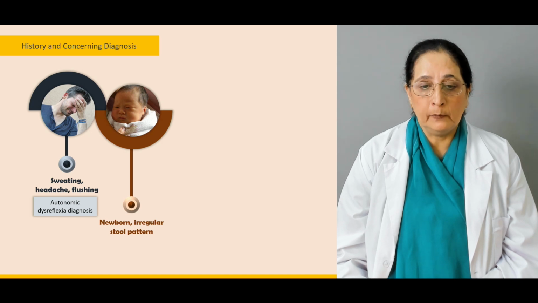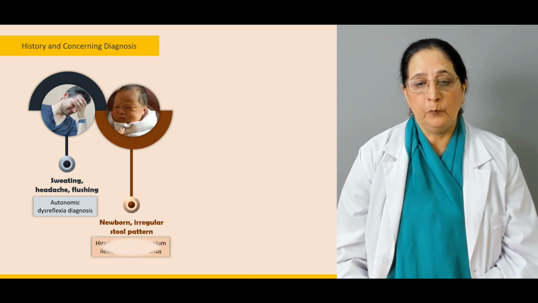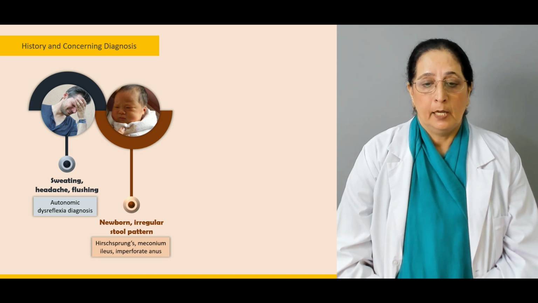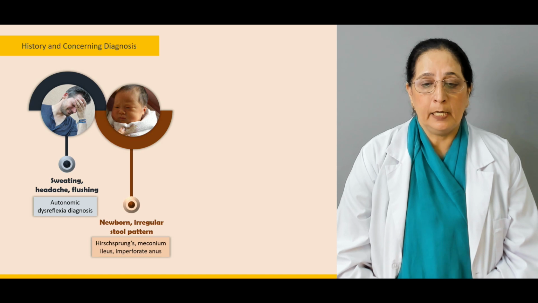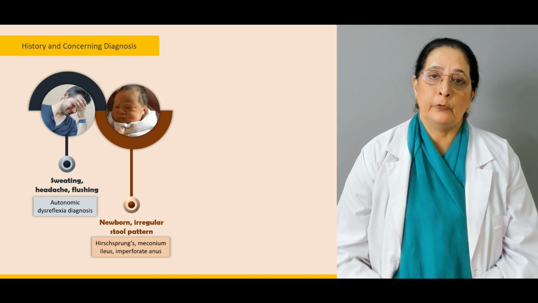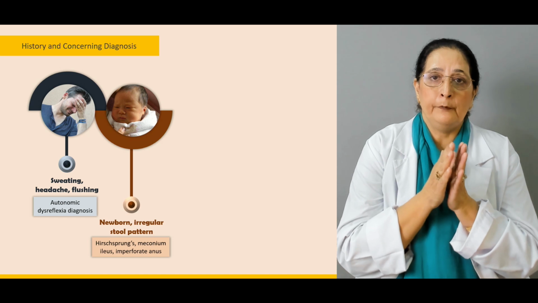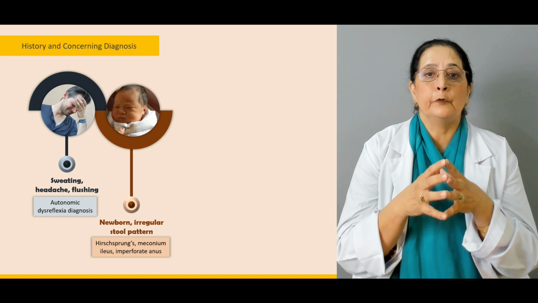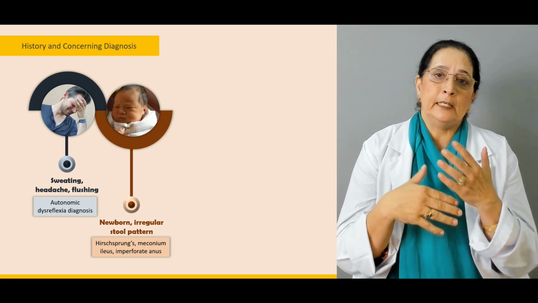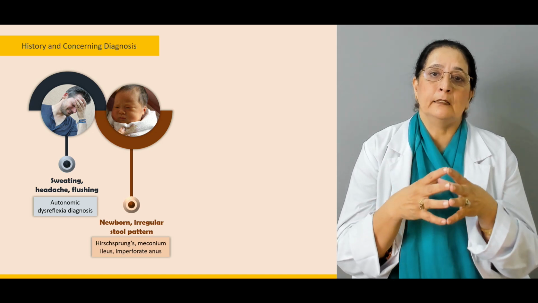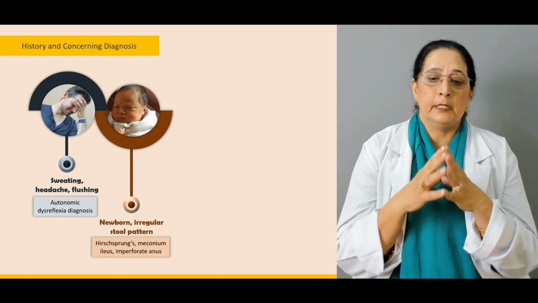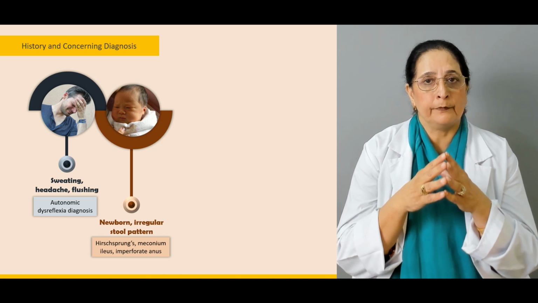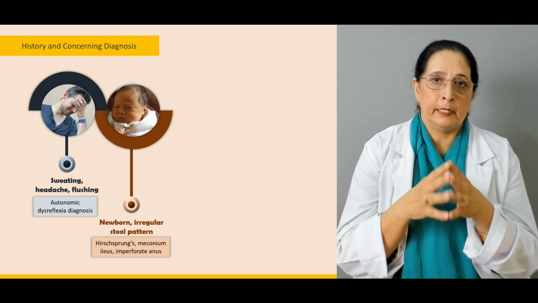Newborn irregular stool pattern. In the newborn with an irregular stool pattern, we have Hirschsprung's disease, meconium ileus, and imperforate anus. A newborn with abnormality in the defecating process, very commonly Hirschsprung's disease. It's the disease in which the ganglion cells are missing, and it causes abnormality in defecation.